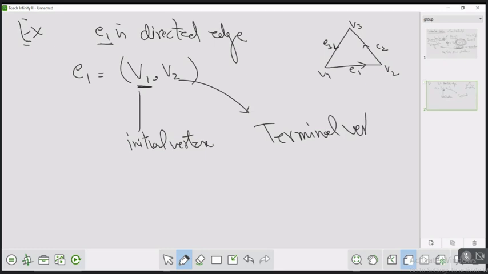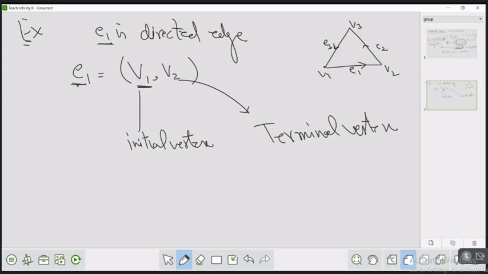Clear? So V1 is the initial vertex and V2 is the terminal vertex for the edge E1. Are you getting the point?